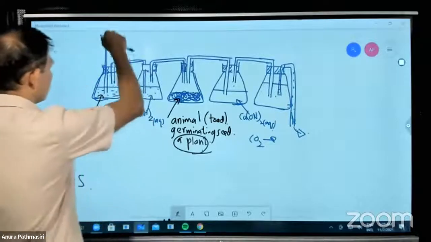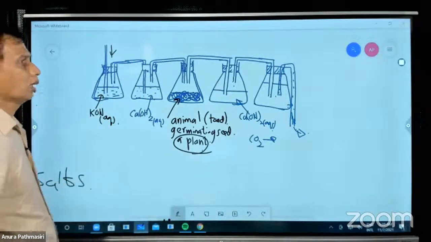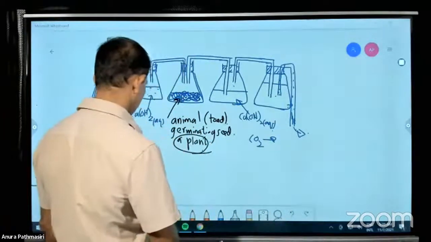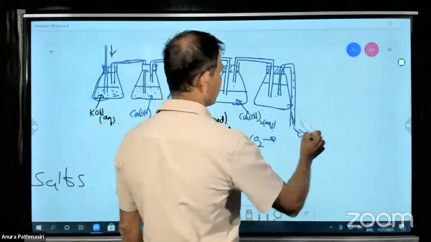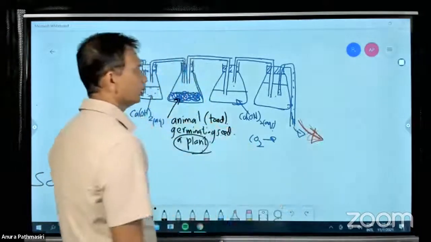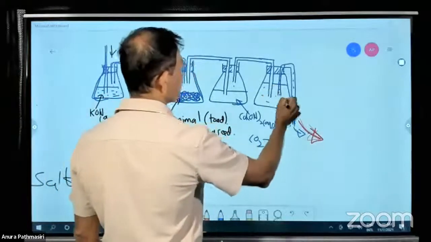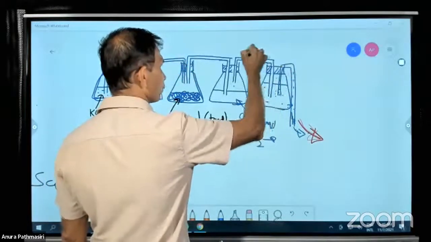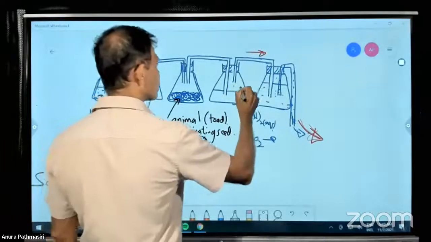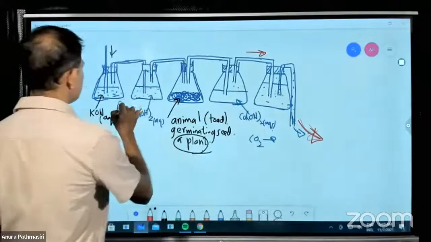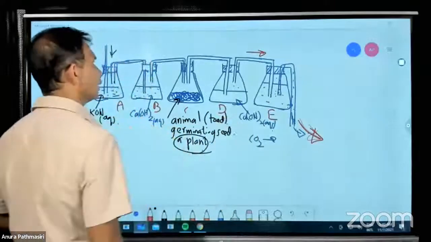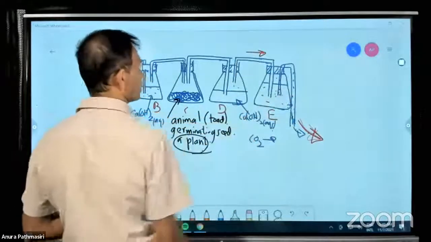The air does not come automatically; it comes because of the pressure exerted by water. The water starts to move away from this system. As you can see, water is removed. Then there is a gap in here. The air is absorbed by this one, and air comes through this A, B, C, D, E. From the D flask, air is coming there.